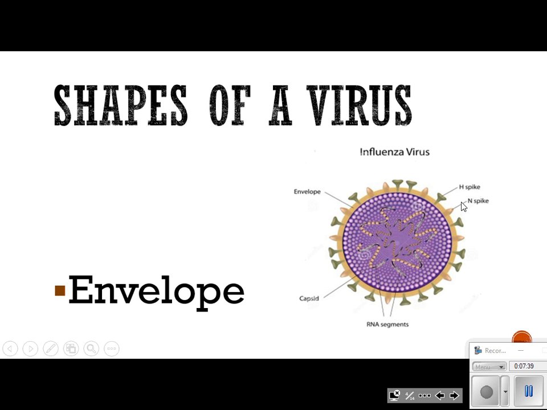H1N1. Those are just the H spikes and the N spikes, and they number them. So that H1N1 means different numbers of the H and the N's. But like I said, we're not going to go into that very deep other than just what we did right there. Okay? So that shape is an envelope.